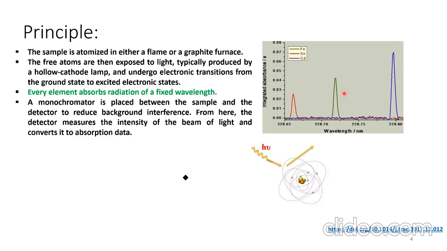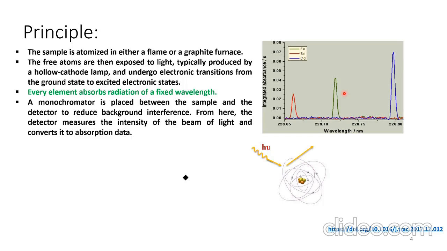So the free atoms are then exposed to the light, typically produced by the hollow cathode lamp, and undergo electronic transition from the ground state to the excited electronic state. Every element absorbs radiation at a fixed wavelength. So if the material is absorbing at a particular wavelength, we know that this wavelength is for a particular material, and we can guess the material from that.